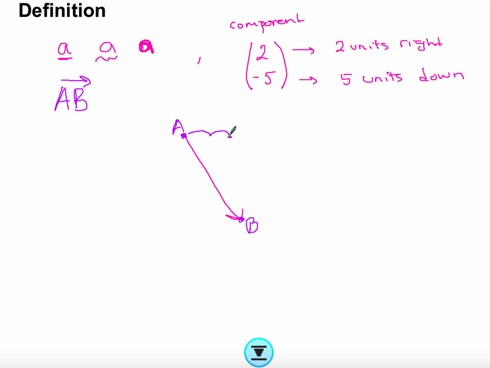This is 2 units to the right, and then 5 units down. Quite straightforward, but keep in mind that in exams, this is what the representation looks like. So this is basically the definition of vectors, and we will use arrows to represent them, and the direction of the arrow matters.